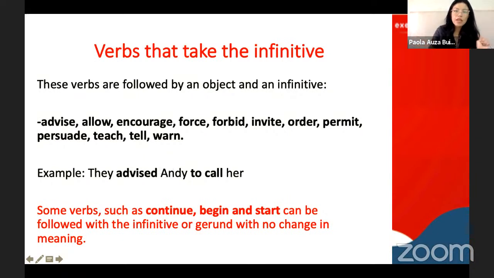All right. And some other verbs such as continue, begin, and start can be followed by the infinitive or gerund with no change. These words help us with both: with infinitives, not the ing, or with gerund, the other way around. With infinitive, to call, for example, or calling.